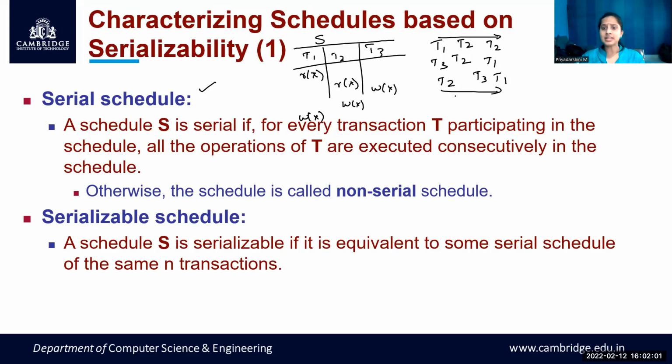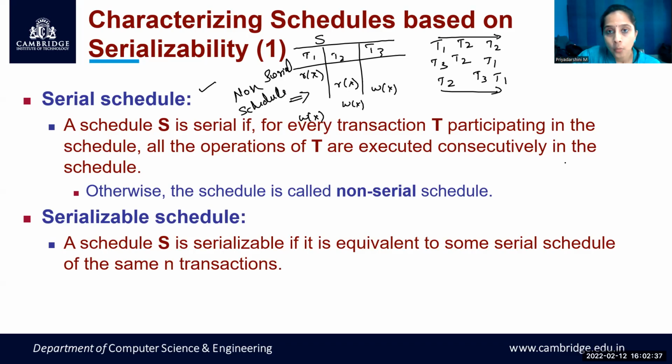Any one order, that means complete all of transaction 1, then complete transaction 2, then complete transaction 3. One after the other. Executing all the transactions participating in that schedule one after the other, we call it a serial schedule. Otherwise, I call it a non-serial schedule.